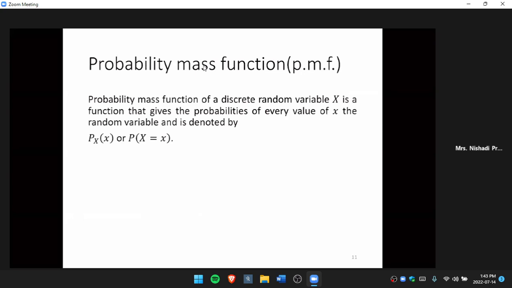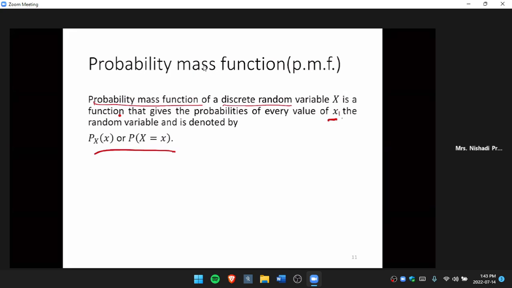Now the probability mass function of a discrete random variable X is a function that gives the probabilities of every value of X, the random variable, and is denoted by this. I think this should be simple x, because for every value of capital X we have to use simple x. This is correct.